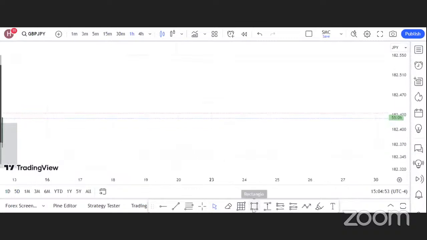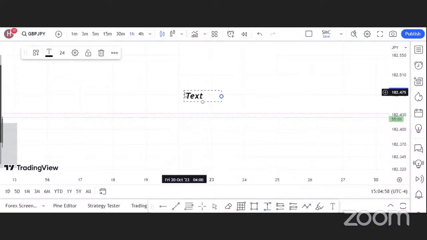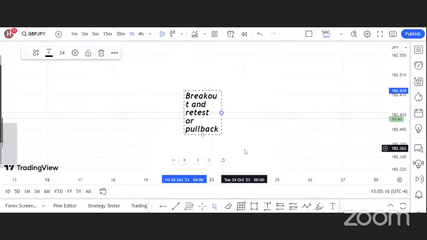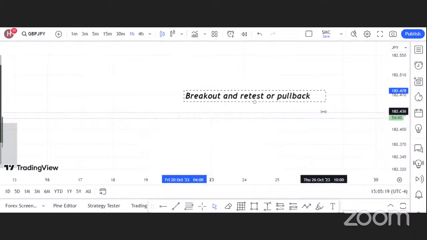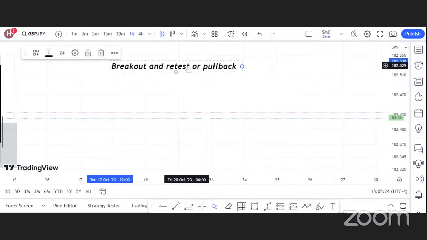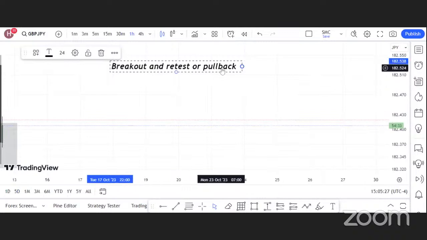All right. So we have what we call breakout and retest. This retest, you can also call it pullback. Some will call it pullback, some will call it retest.